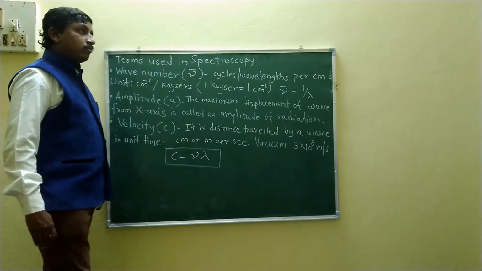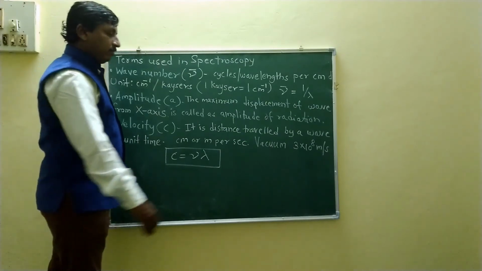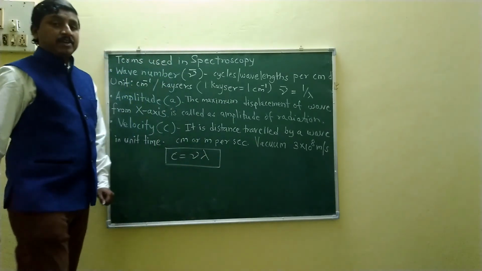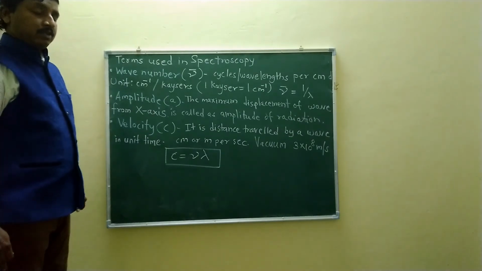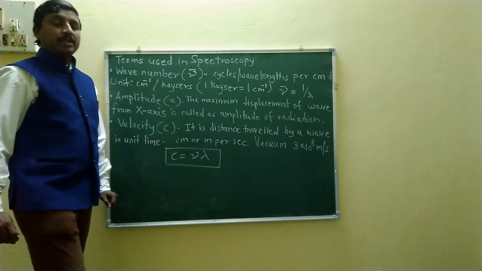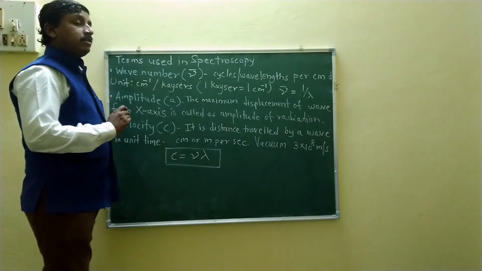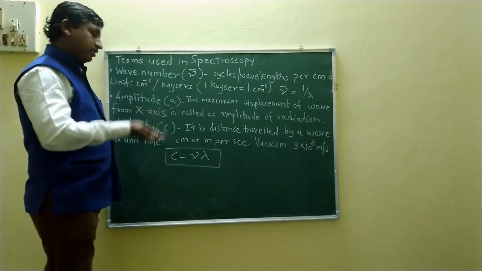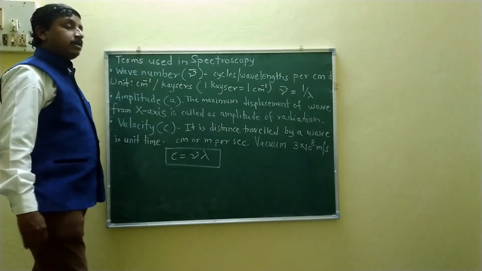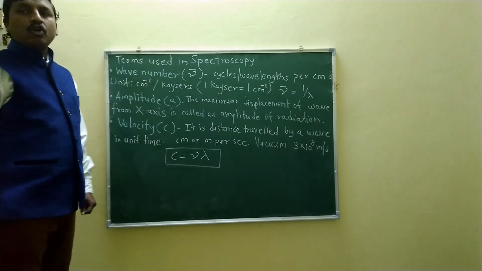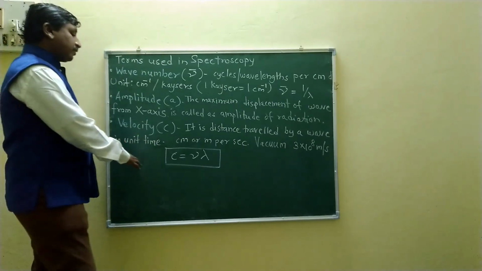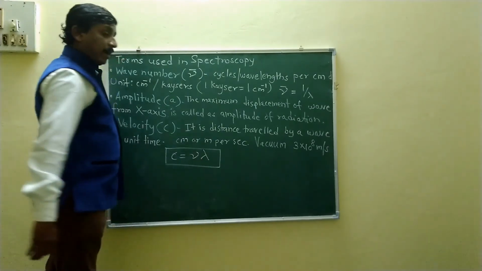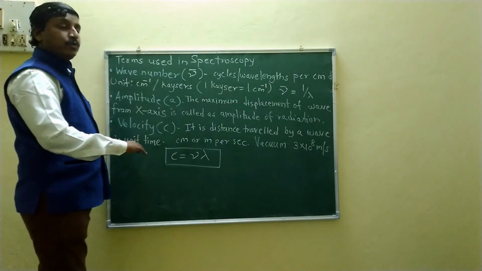In vacuum, the velocity of radiation is 3 into 10 raised to 8 meter per second. It depends on the medium through which it travels. Mathematically, the velocity of light is expressed as c equals nu into lambda.